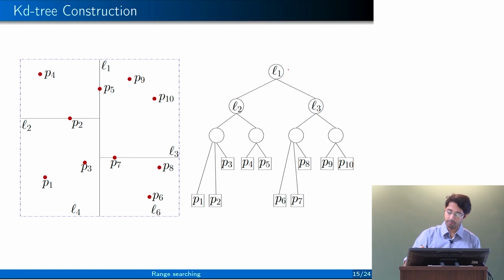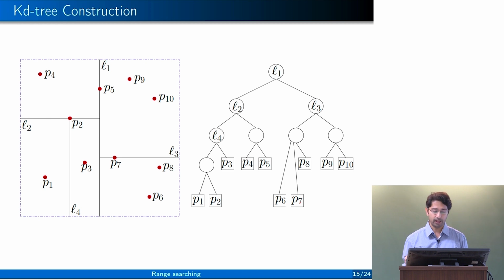Some points are above L3 and some points are below L3. Are you with me? Simple construction, and I will continue doing the same thing. Then I will find L4, first x, then y, then x, then y.